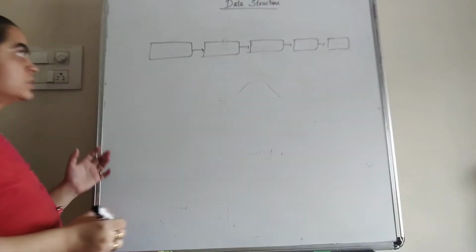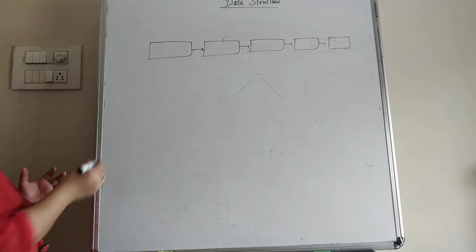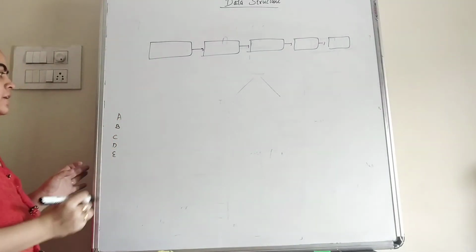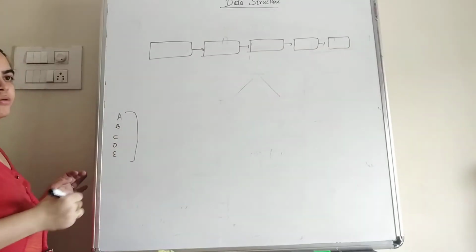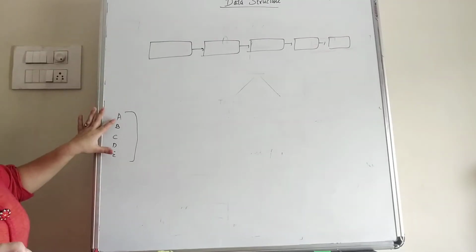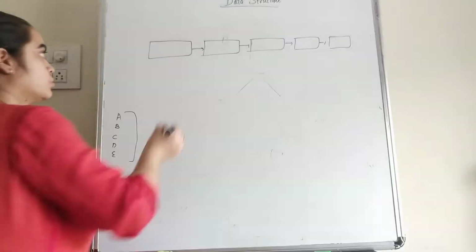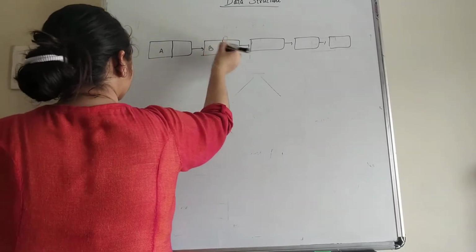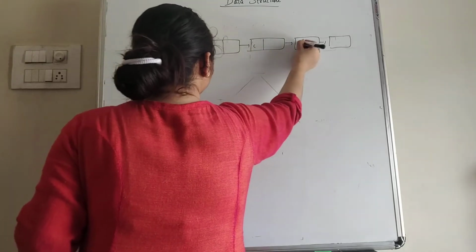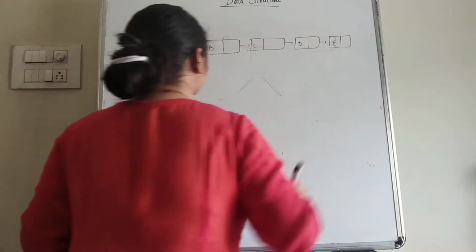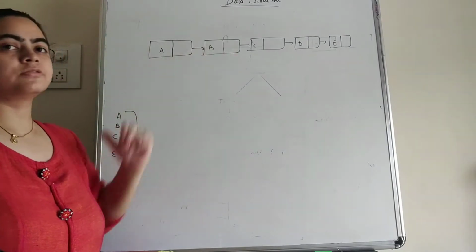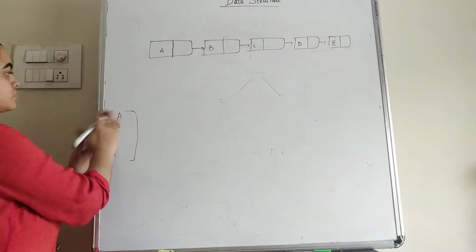Now suppose in this linked list we have the elements which are stored with name A, B, C, D and E. So that means this is the information part, because this is the actual data that is stored in these nodes. So here in the first part we can add the information A, B, C, D and E. Now students, second part will always contain the address of the next node.